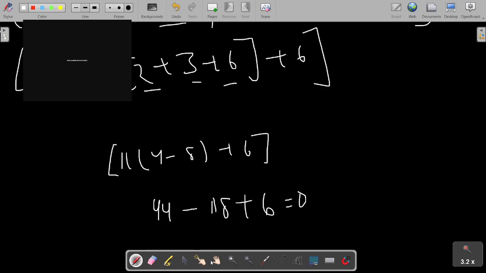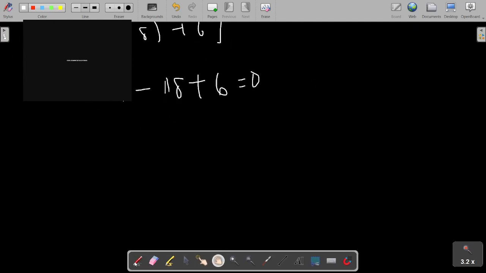And we know that this is going to be 0. So 44 and 6 is 50. This becomes 50 minus 11 delta is equal to 0.